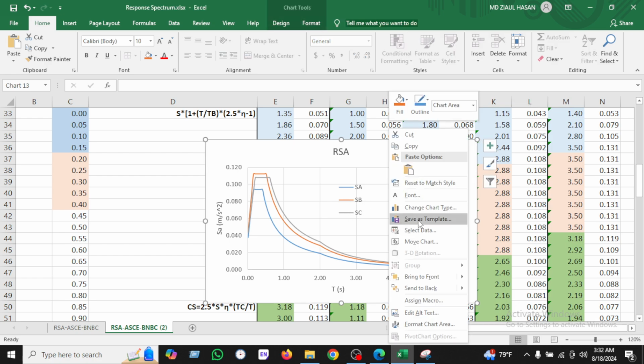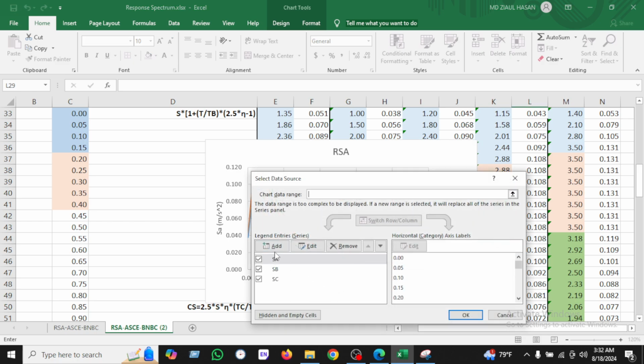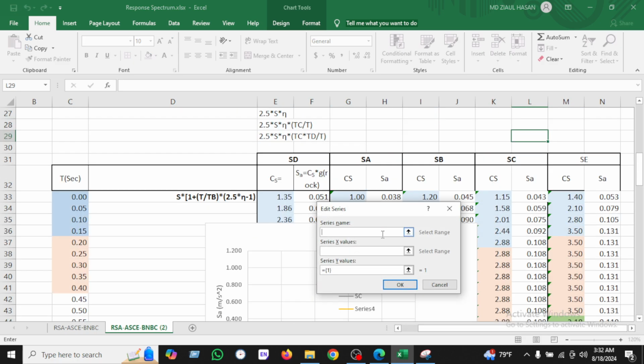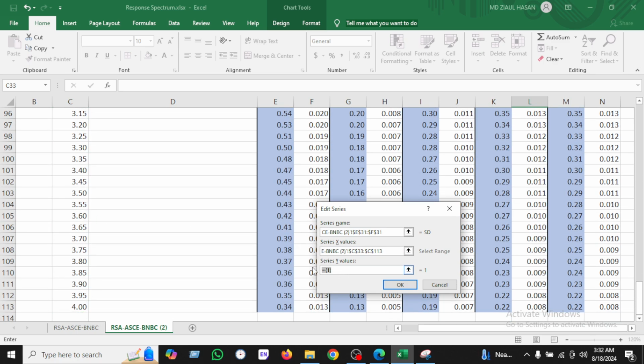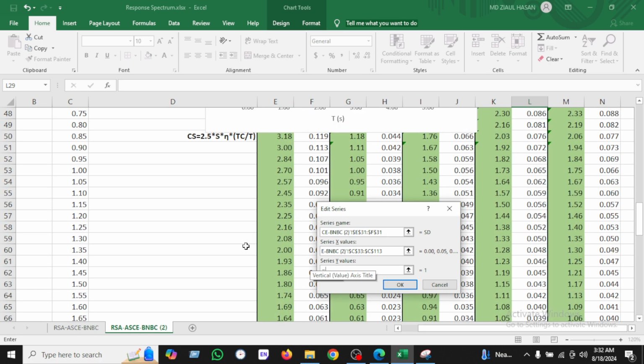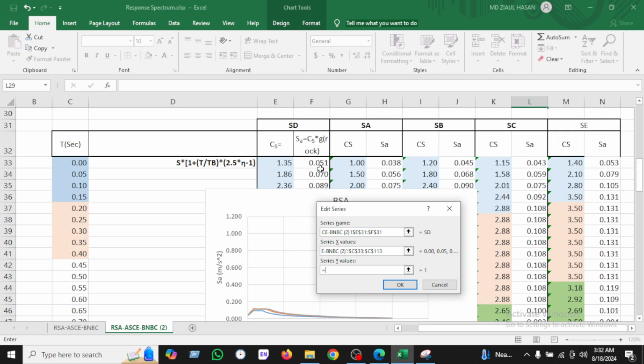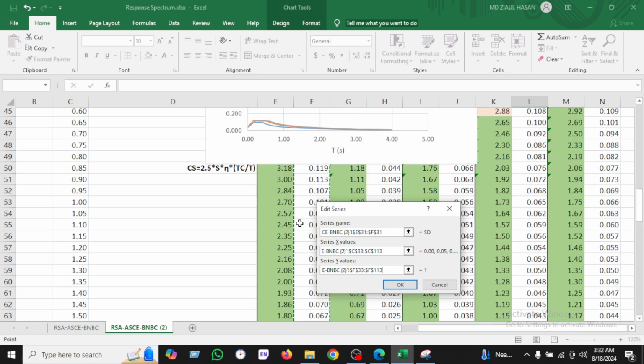In the same way, we will input SD. SD is here, and the x value is time period up to 4 seconds, and the y value will be spectral acceleration.